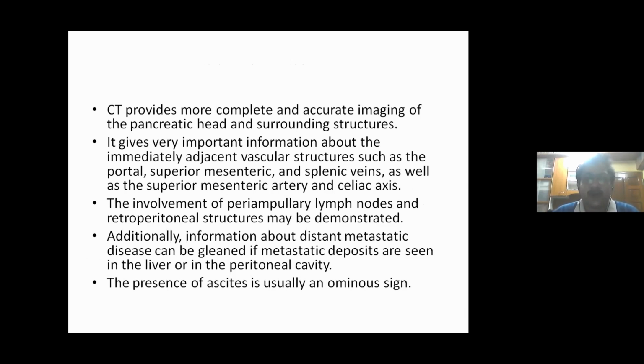It gives very important information about the immediately adjacent vascular structures such as the portal, superior mesenteric and splenic veins, as well as the superior mesenteric artery and celiac axis. The involvement of periampullary lymph nodes and retroperitoneal structures may be demonstrated. Additionally, information about distant metastatic disease can be gleaned if metastatic deposits are seen in the liver or in the peritoneal cavity. The presence of ascites is usually an ominous sign.